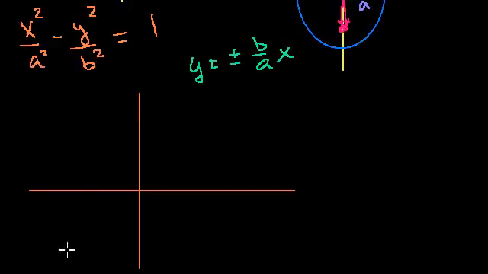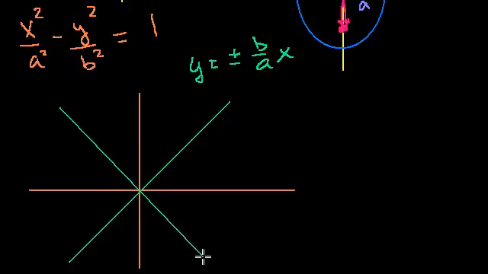I'll just draw them as tilted lines, so it would look something like that. Those would be the asymptotes. This one's centered at the origin because it hasn't been shifted. And those are the two lines right there.